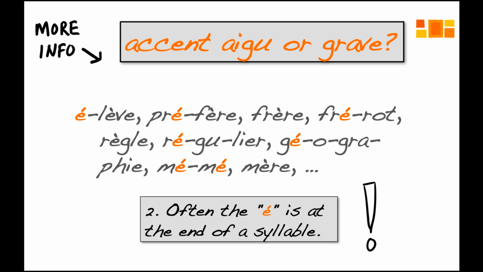É, end of the syllable, E accent aigu; lève, end of the syllable, V. We have préfère. Pré, end of a syllable, E accent aigu; fère, E accent grave, the R is at the end of a syllable. Frère, same thing. The syllable is on the R, it's frère.